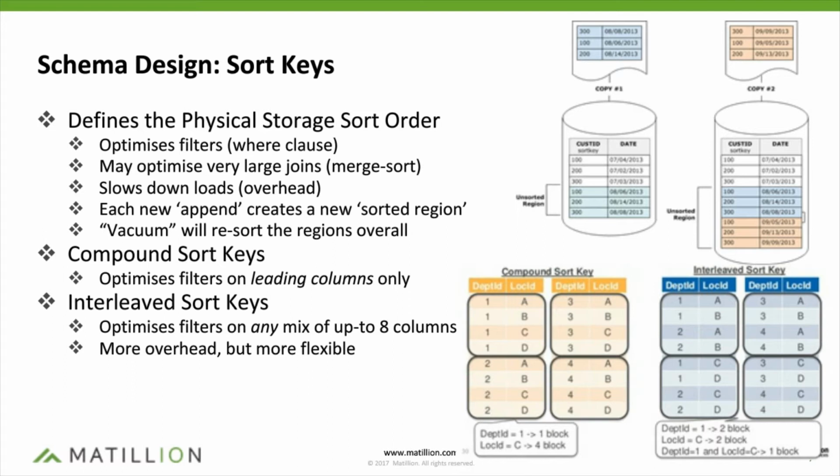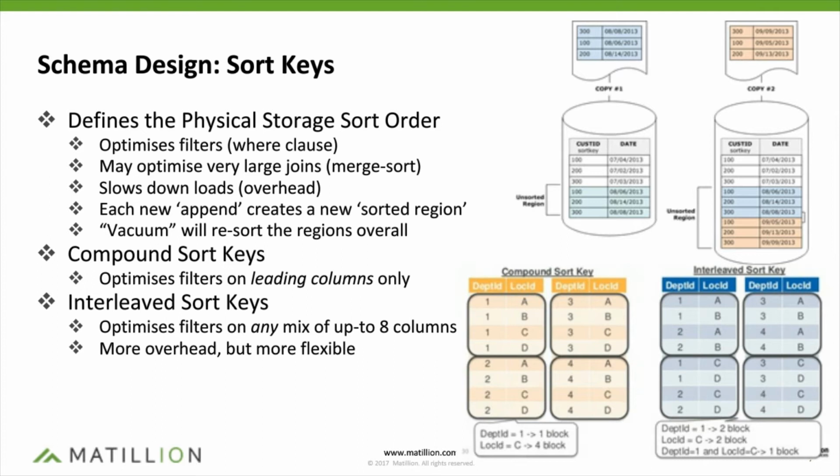Now, the diagrams on the bottom right show the data storage for the compound sort key versus the interleaved sort key. You can see that the compound sort key works as you would expect it to. All the values are sorted by the first part of the key and then the second part. But on the second one, you can see that they're kind of half sorted into blocks that alternate.